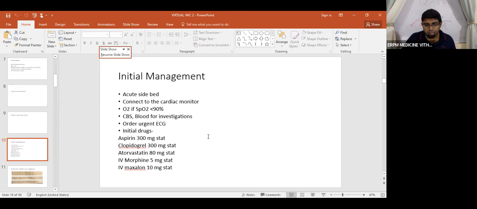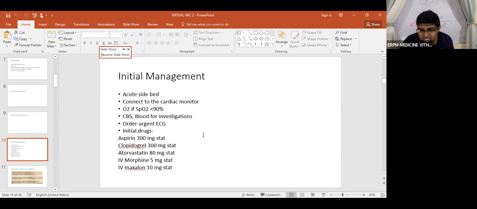Okay, look here. If you look at the initial drugs: aspirin 300 milligrams, clopidogrel 300 milligrams, we are giving atorvastatin 80 milligrams, IV morphine 5 milligrams.